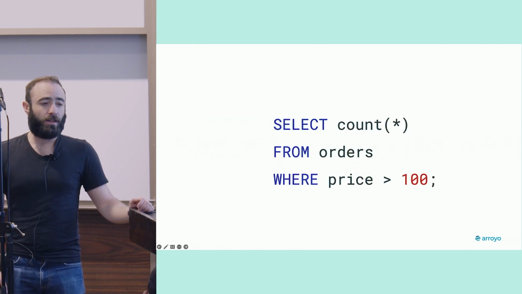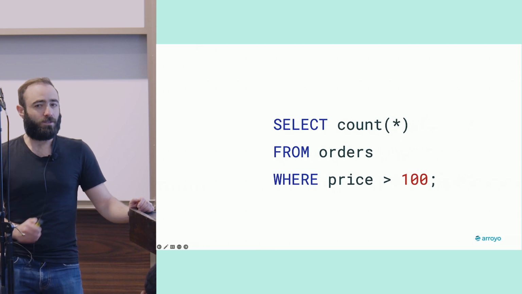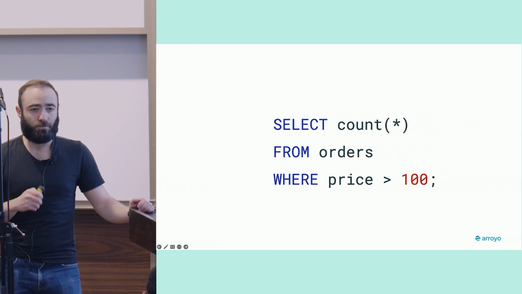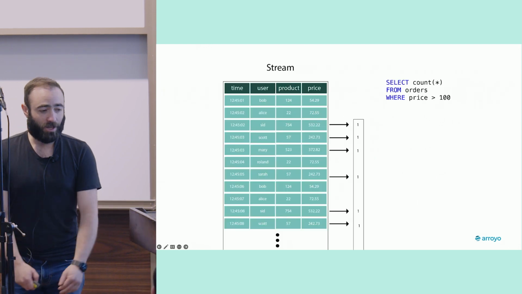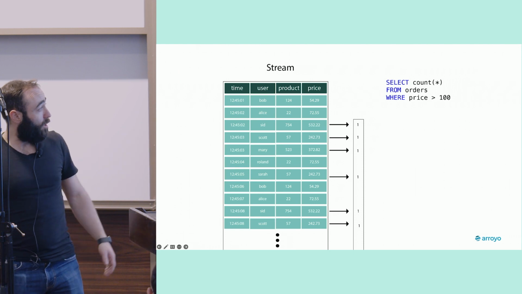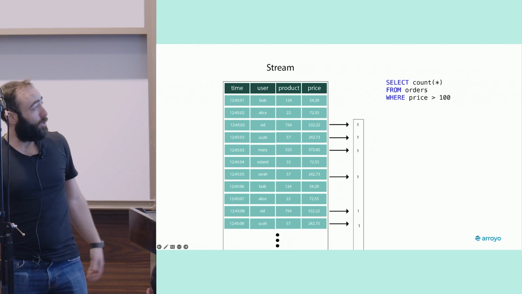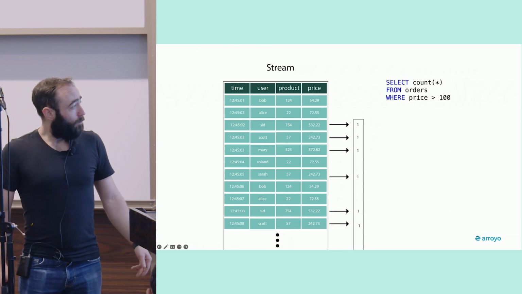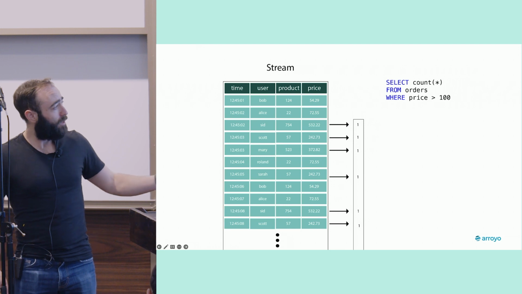We don't need to really introduce any new ideas. But if we look at that aggregate query we did, the count star, we actually start to run into some problems just blindly applying relational algebra to streams. So if we look at how this applies in a stream, we are doing the same selection, this where clause, filtering out rows, but we never are quite able to do this aggregate, right?